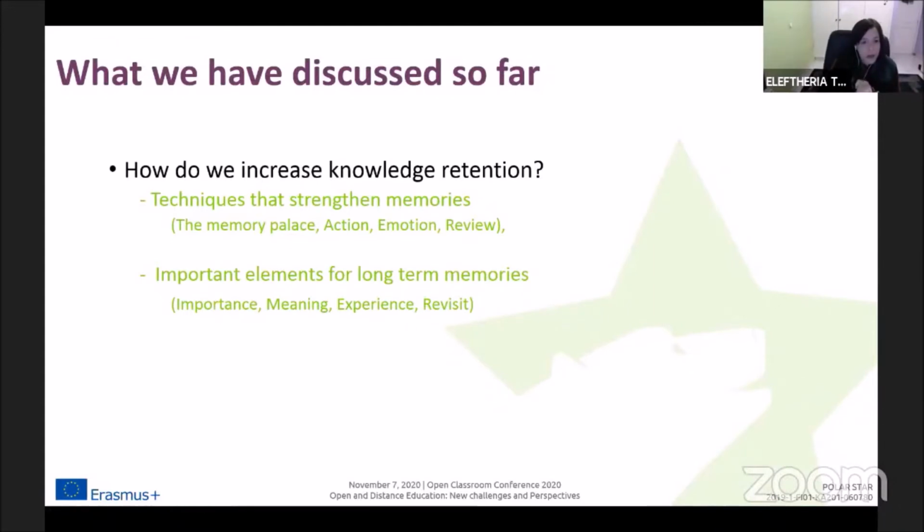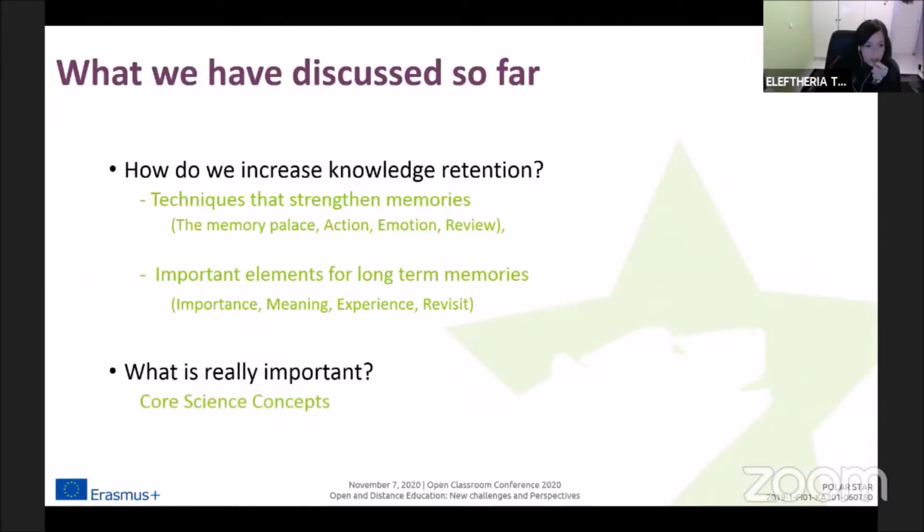We also talked about the elements that are important when it comes to storing memories into our long-term memory, to increase knowledge retention. And we talked about the importance of the meaning of the memory, the experience behind it, and how often we revisit it.